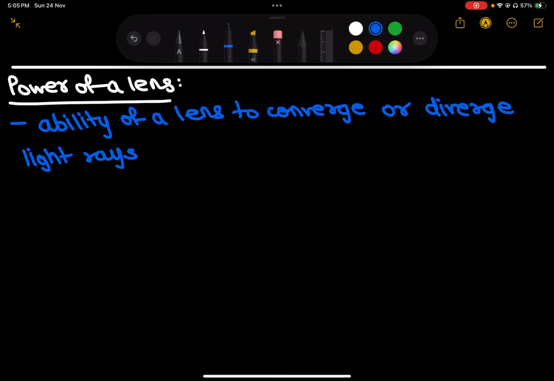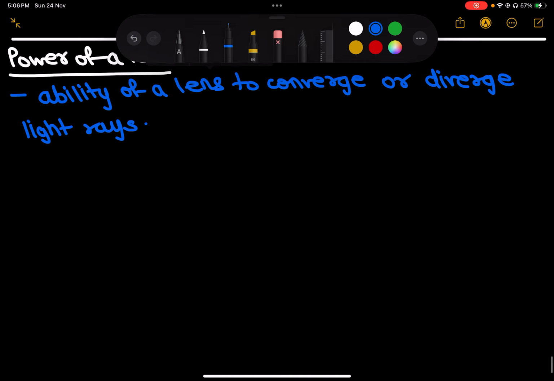Which depends on its focal length, but that is not required in the definition. Okay, so ability of a lens to converge or diverge light rays is power of a lens. That is basically power. So it can also be represented as the degree of convergence or divergence of light rays achieved by a lens is expressed as power.